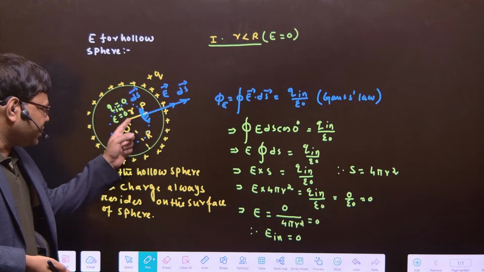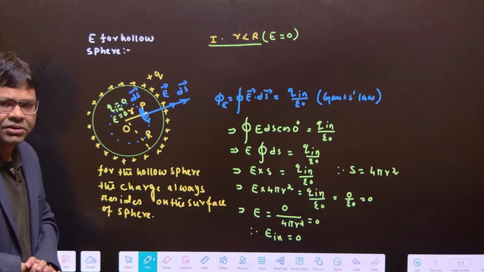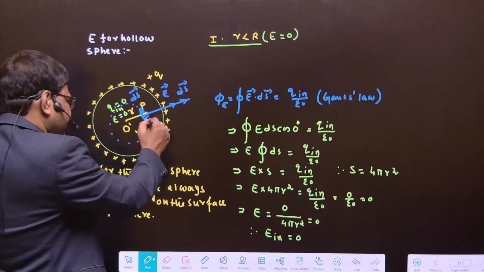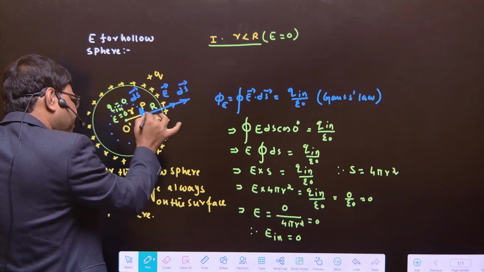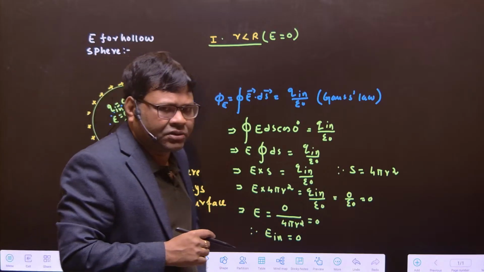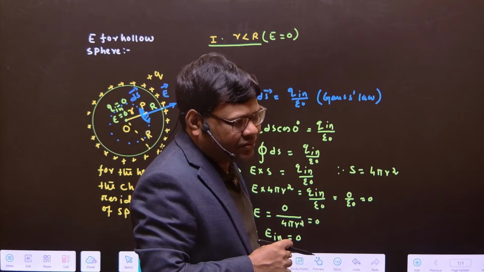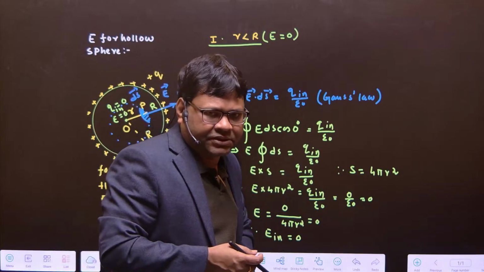Now, on the surface, what will be the electric field? Take the distance as radius R. On the surface, what will this electric field be? Because here the charge resides on the surface.